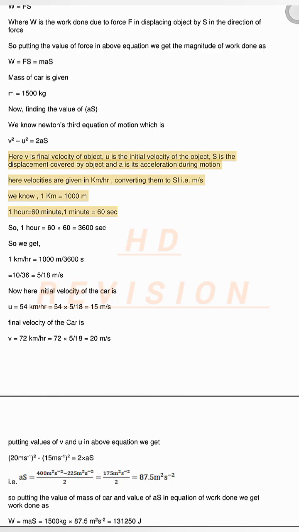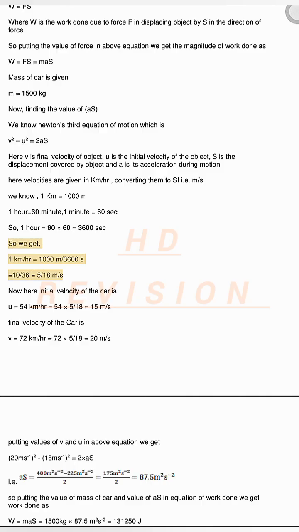Converting them to SI, i.e. meters per second, we know 1 kilometer equals 1000 m, 1 hour equals 60 minutes, 1 minute equals 60 seconds. So, 1 hour equals 60 times 60 equals 3600 seconds. So we get 1 kilometer per hour equals 1000 m over 3600 s equals 5/18 of a meter per second.